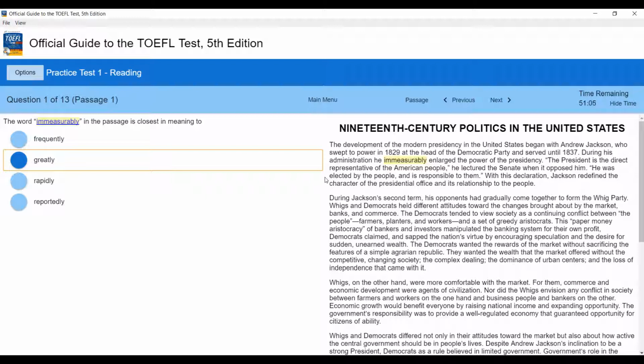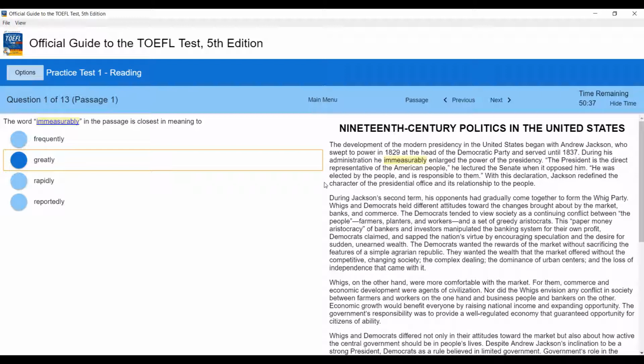Now that there are 54 minutes for the 3 reading passages, you basically have about a minute and a half per question on average. So for a medium difficulty question, you might be spending about a minute and a half.